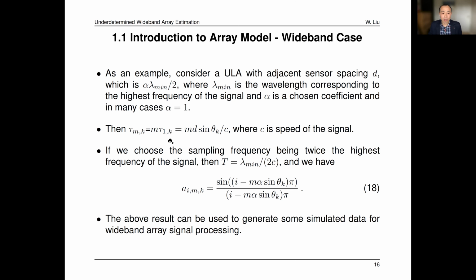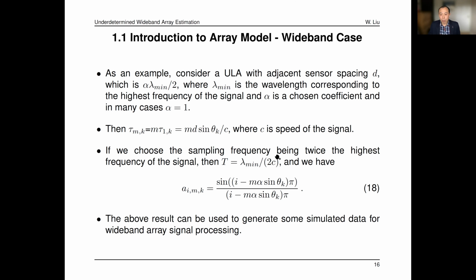For a uniform linear array, tau_mk equals m times tau_1k. Tau_1k is the unit delay for signal k, and it is d sin(theta_k) over c. D sin(theta_k) is the path length, c is the speed of travel of the signal, and m times this is the delay.